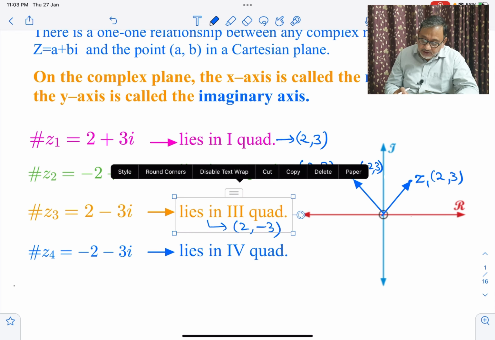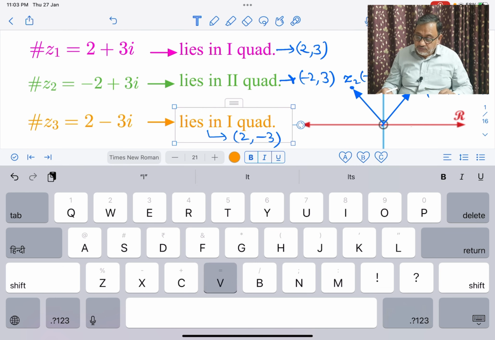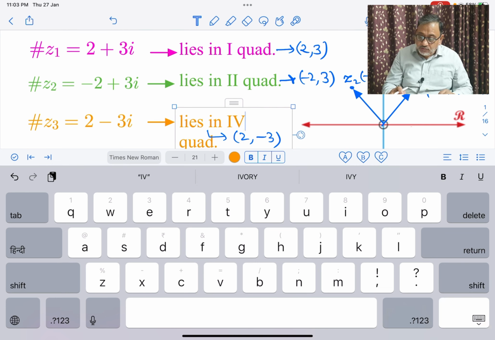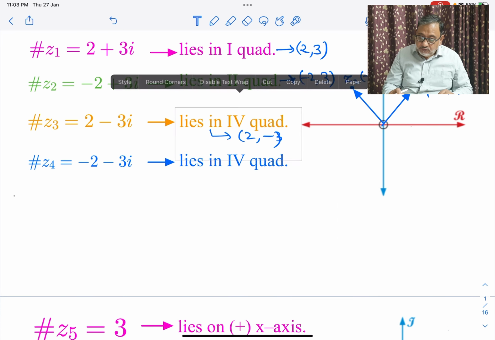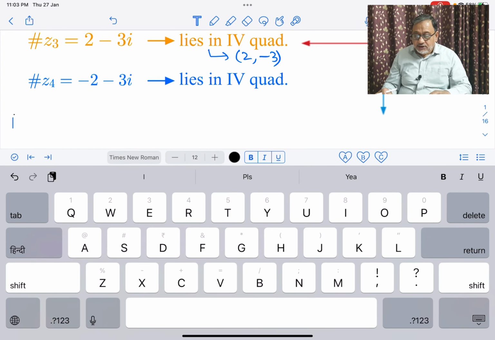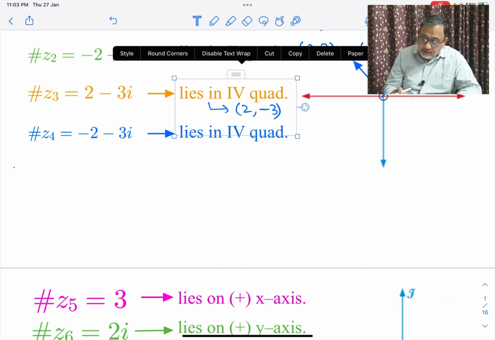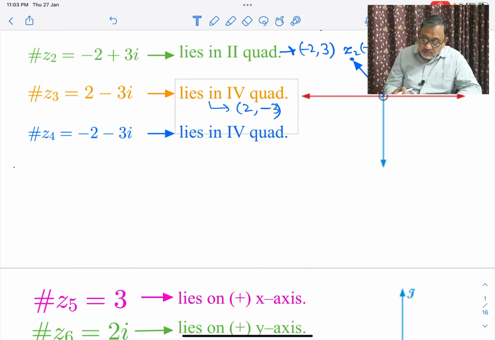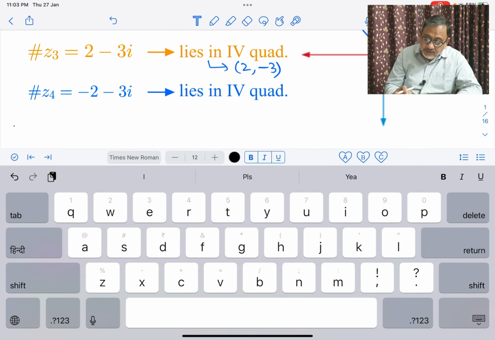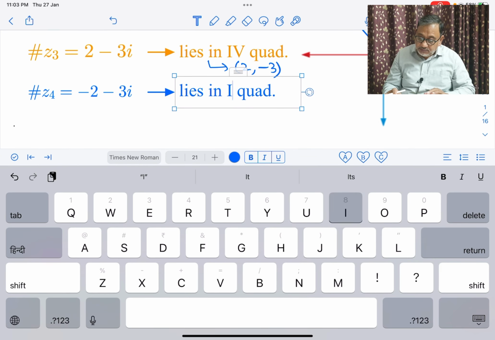So let me correct it. Yes, positive x coordinate and negative y coordinate will be in the fourth quadrant, so let me correct my mistake.